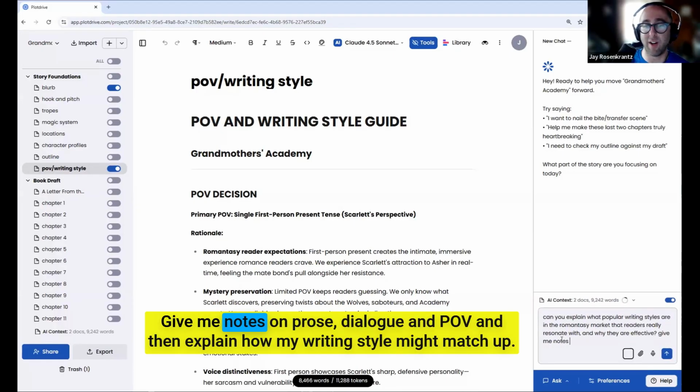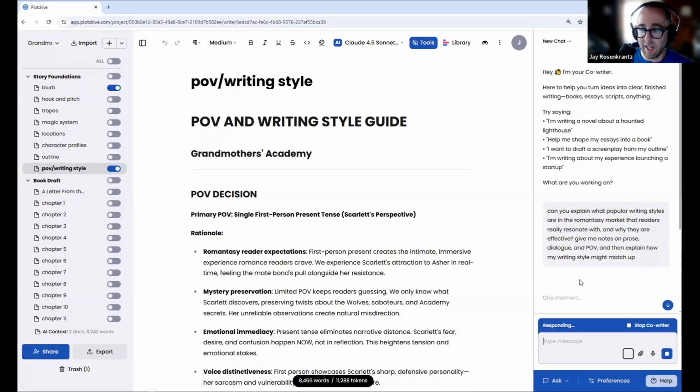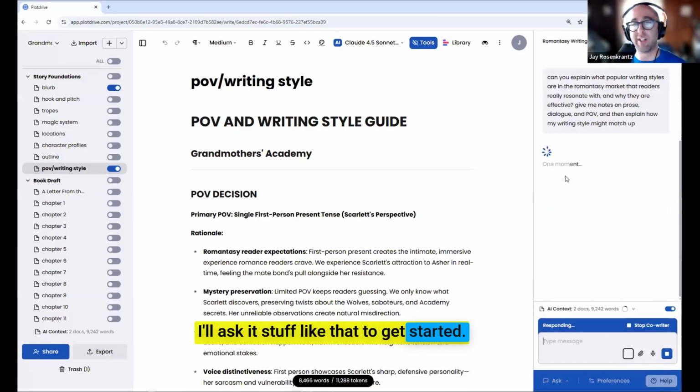Give me notes on prose, dialogue, and POV. And then explain how my writing style might match up. I'll ask it stuff like that to get started.